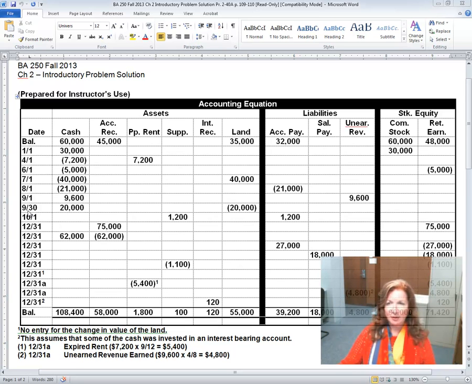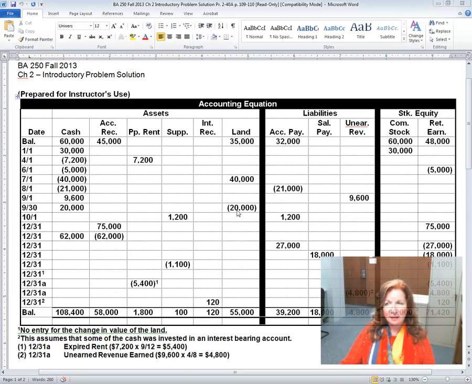On September 30, so I put in the date September 30, sold land for $20,000 cash that had originally cost $20,000. So cash is going up because I sold something for cash, and land is going down because I sold land. So a bracket around the land, $20,000, and a positive $20,000 in cash.